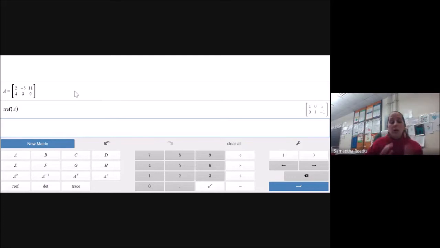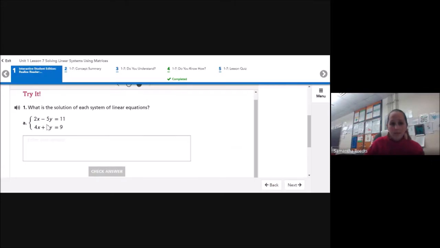So you can absolutely solve this system of equations longhand. You can change it into a matrix and solve it that way. You can substitute that into a calculator and do reduced row echelon form, RREF, and it will give you the answer. So X equals 3 and Y equals negative 1.